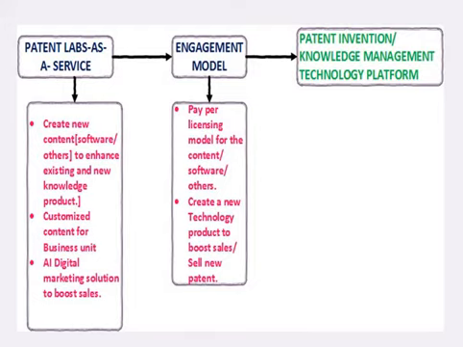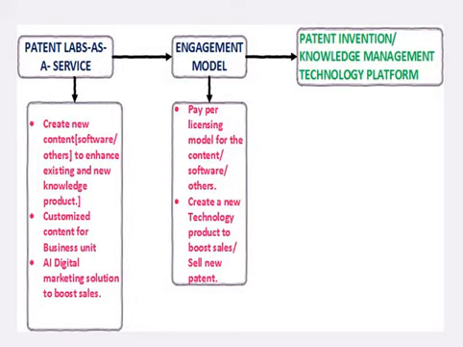If you look at the engagement model, it is a pay per licensing model for the content and the software, where you create value in terms of revenue for one patent, it gets added on to the next one and the next and the next, and goes on like that. You can also create a new technological product if you want to boost sales and then sell it as a new patent as well.